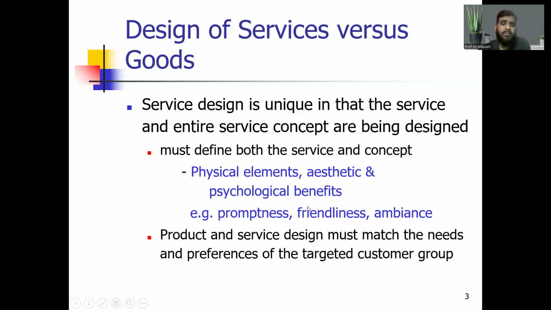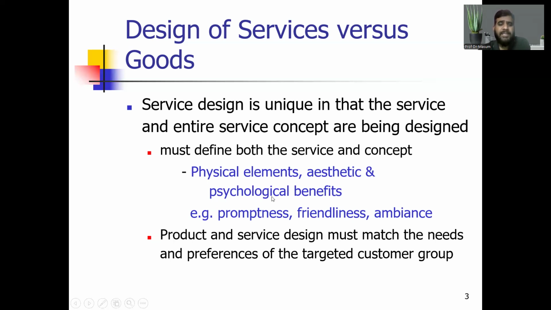So there are psychological benefits. Say, for example, those who are using MacBook or iPhone. And in the Bangladeshi environment, there are some psychological benefits of using iPhone and its components.